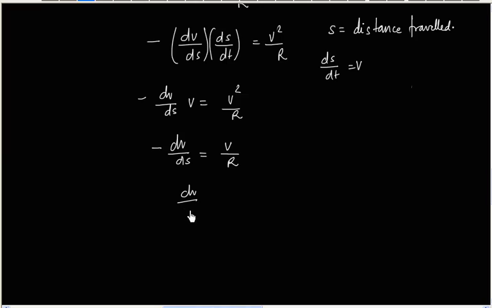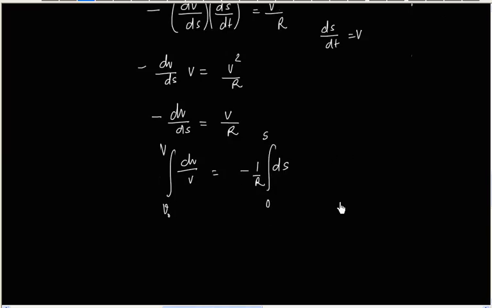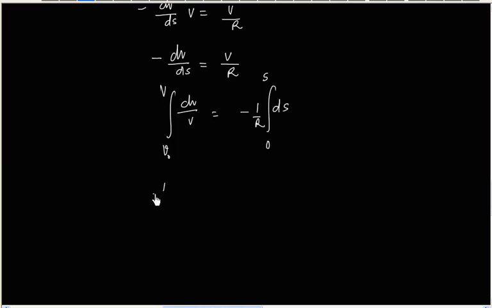Now we can take v one side and then we can integrate. When distance is 0, velocity is v naught. When distance is s, velocity is, let us say, v. Now integral of 1 by v is log v.